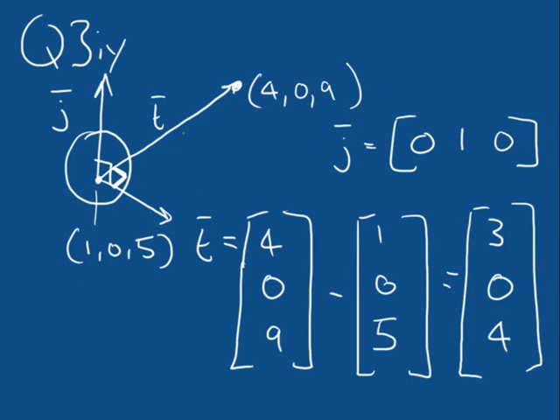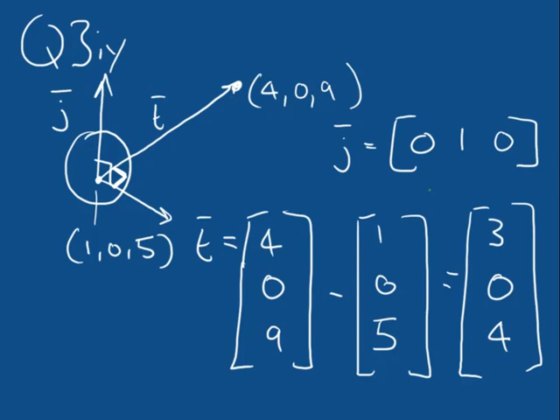Of course, depending on the order in which you cross these two vectors, you may get a vector that points in a different direction, and depending on how you defined your y-axis, you may not have defined it as (0, 1, 0), you may have defined it as (0, 10, 0), or some other value, so you may get a vector that has a different length. But just as with the previous question, what's important here is not the result itself, it's the method you've used in order to solve this problem.